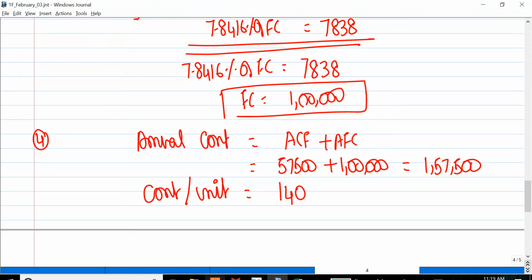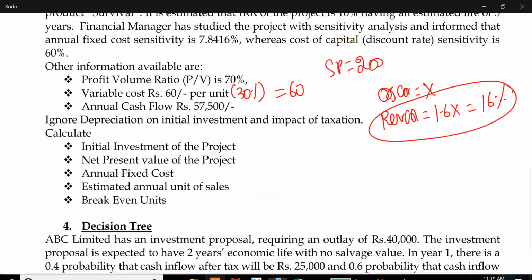Your contribution per unit is 140. 60 rupees is the variable cost. You do kind of reverse working and get that 140.